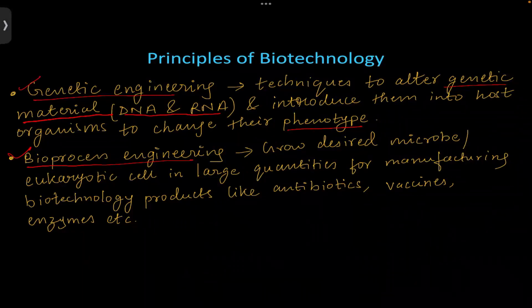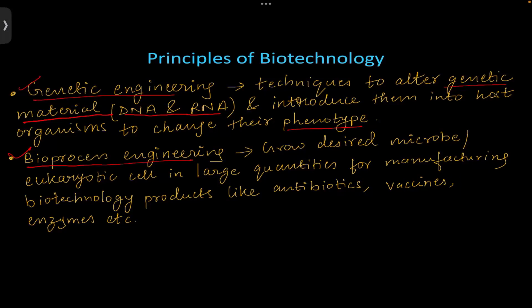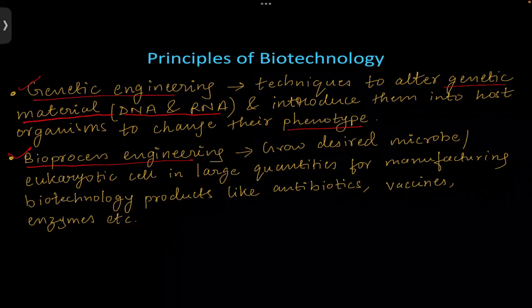The organism receiving that DNA or RNA is called the host organism. They do that to change the phenotype, or the observable characteristics, of the host organism. There is a set of techniques that makes this possible, and the study of these techniques comes under the broad field of genetic engineering.